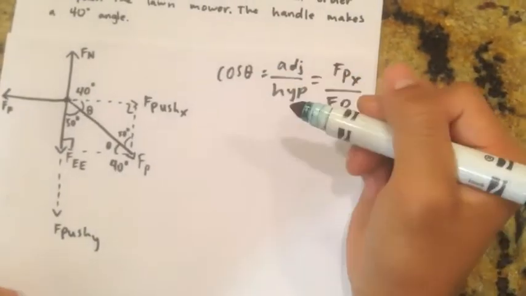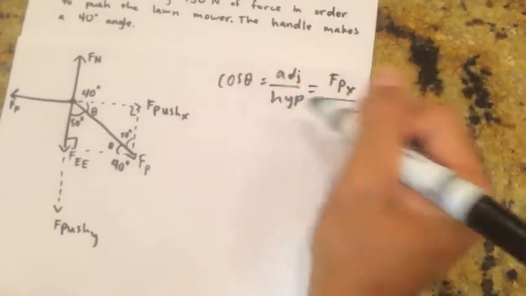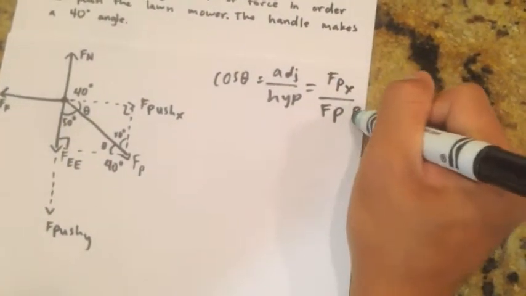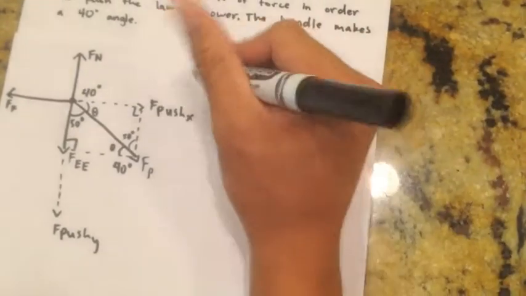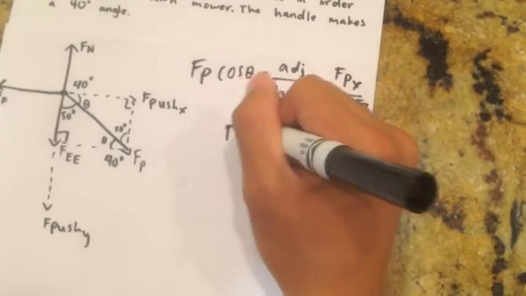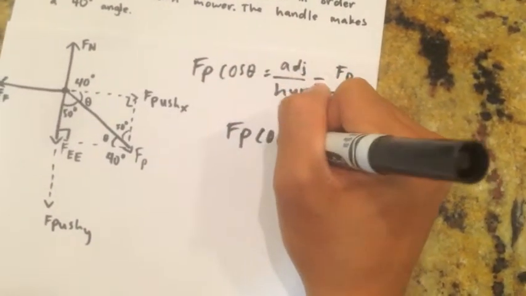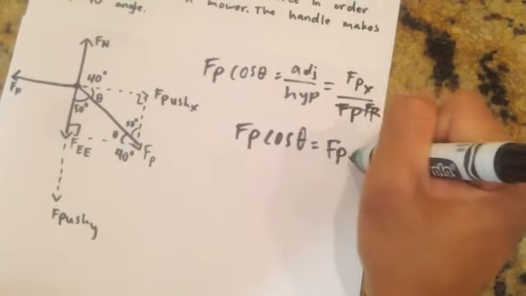To get the force of the push in the x dimension by itself, we'll be multiplying force of the push on both sides, which will cancel right here, and we'll get force of the push right here. That will make force of the push in the x dimension by itself.